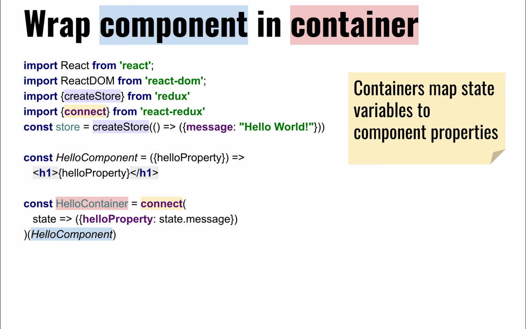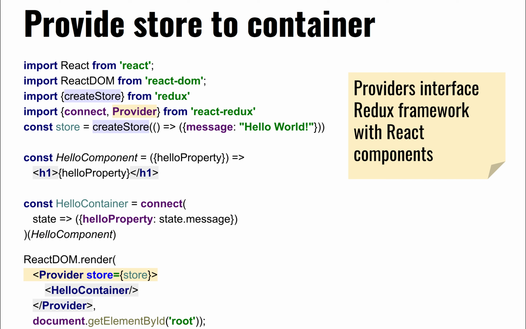And finally, to top it off, we have another glue element called the provider, that lives at the top level of the React application, and it provides the store that maintains all the state down to all the children containers that you might have.